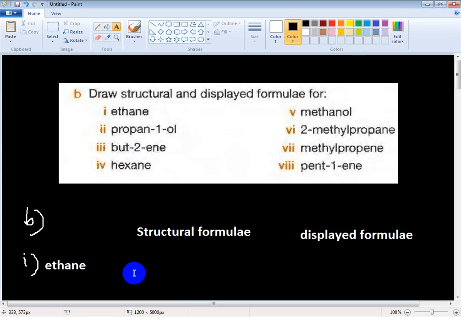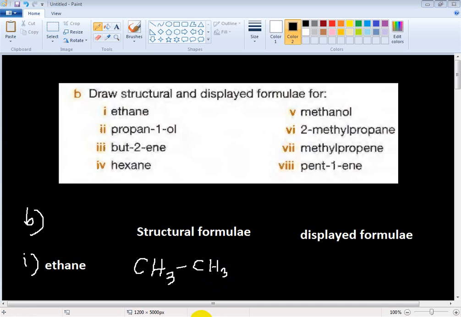Okay, here is the structural formula of ethane. CH3, CH3. This is the structural formula. And now this is the displayed formula, showing all the bonds.